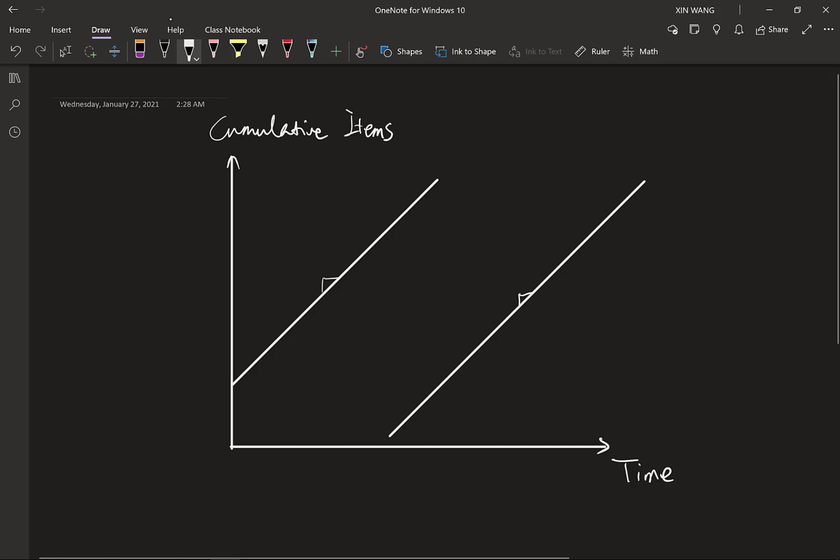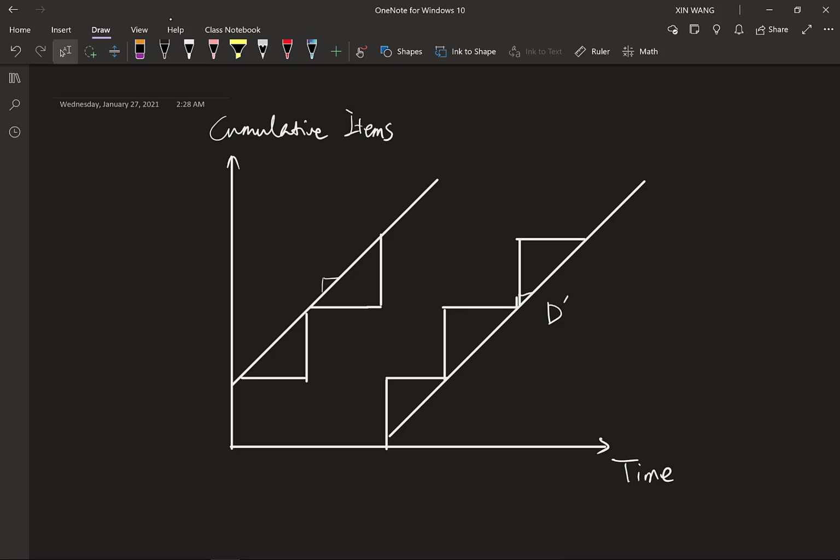For example, we produce 1 gallon of milk per day, every day. That's a constant. So in this case, the cumulative curves for the production and the consumption are all straight increasing lines. We denote the constant production rate and consumption rate as D prime.